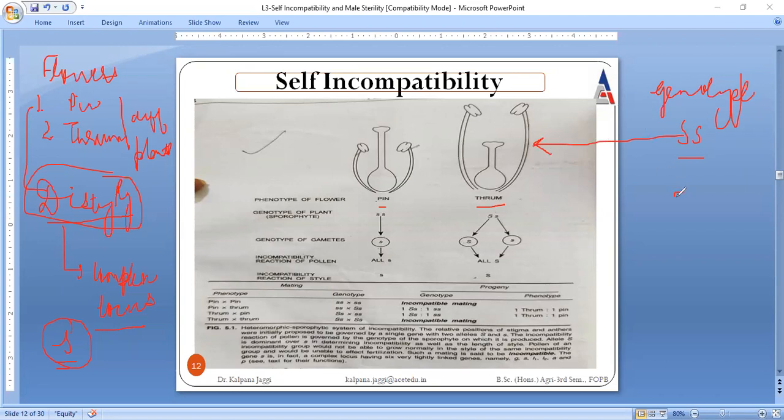But if the genotype is small s small s, then the morphology is pin.